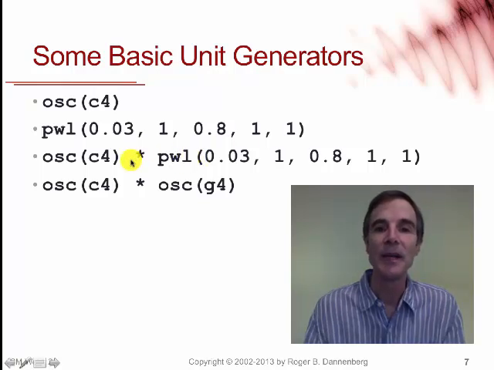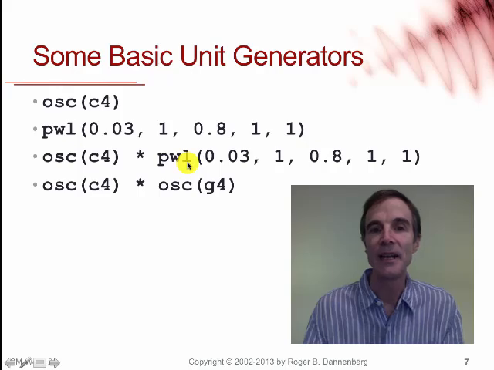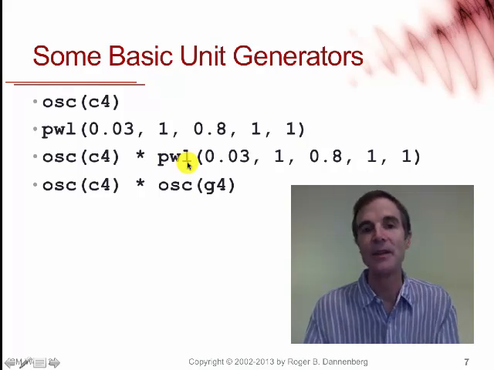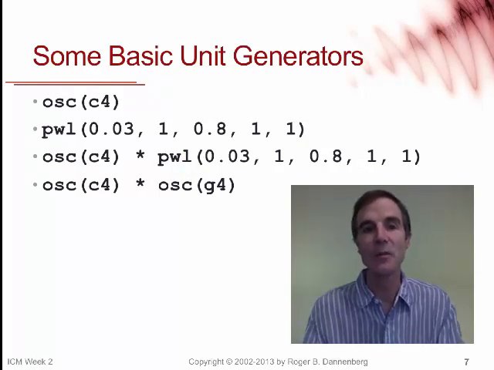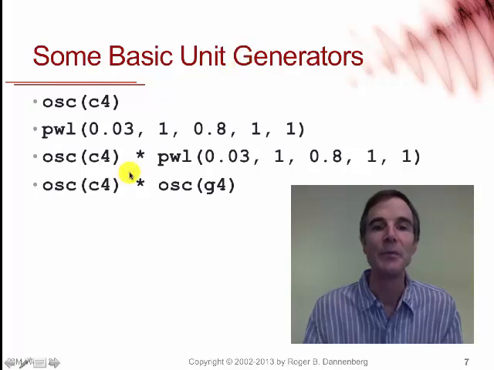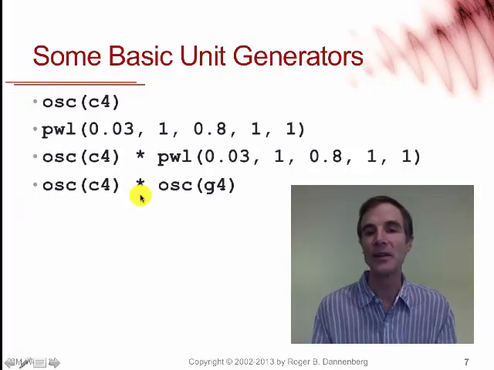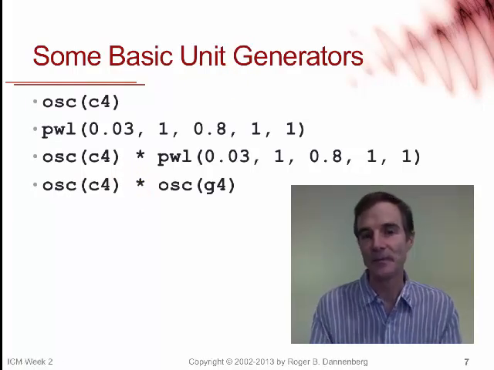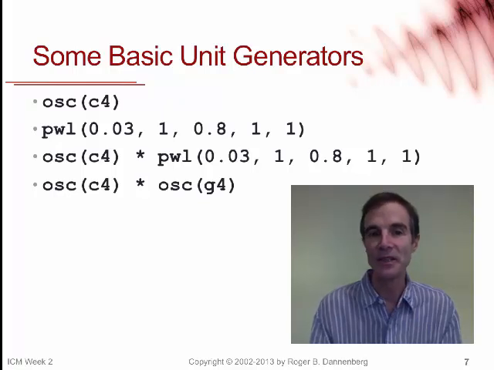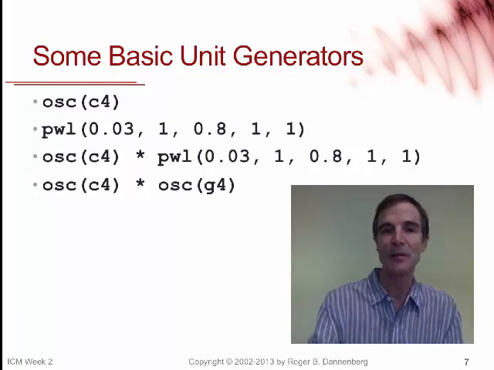And here's a typical thing to do. If you multiply an oscillator by a control shape, you get envelope control. If you multiply two oscillators together, you get amplitude modulation of a different kind that we'll talk about.